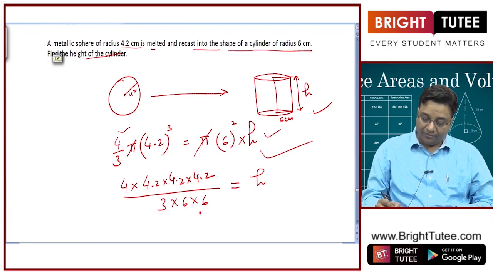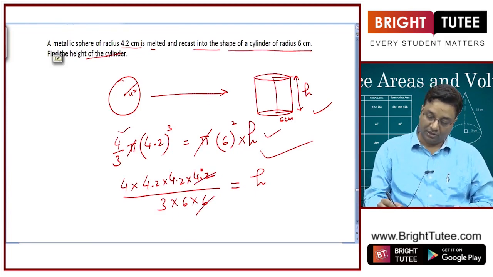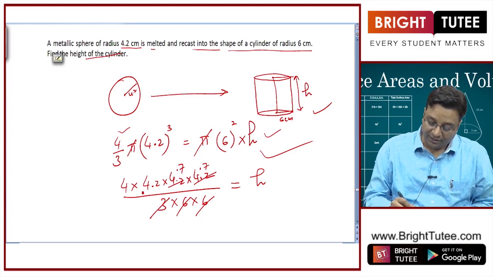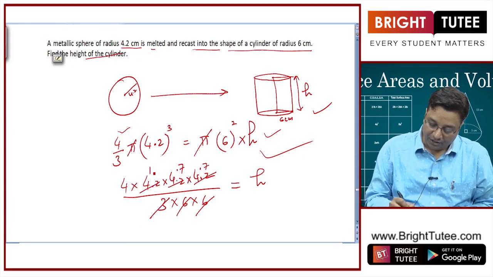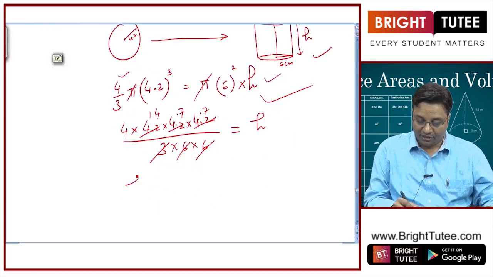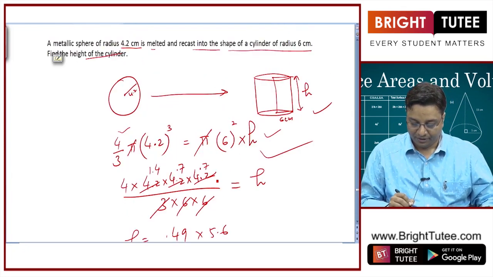So now 6 sevens are 42, so this is 0.7, and this is also 0.7 here, and 3 1.4. Okay. So h is equal to 0.7 into 0.7 is 0.49, 14 into 4 is 56, so it is 5.6.